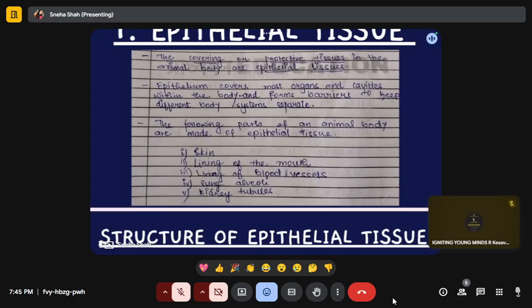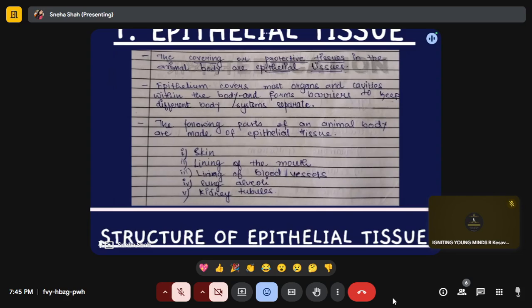And lastly, kidney tubules, where the nutrients are separated from waste material in your body. Kidney is responsible for filtration of the urine that your body produces, right? Kidney is an organ responsible for the formation of urine, which means that the digested fluid goes into the kidney, where there are chances that it still contains certain nutrients.